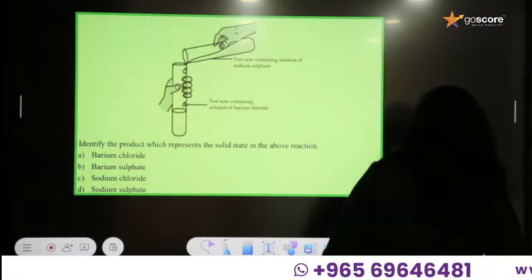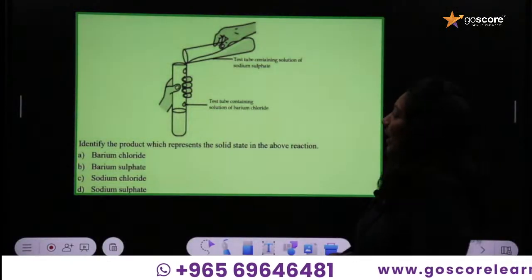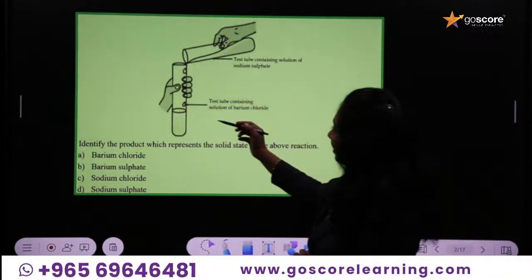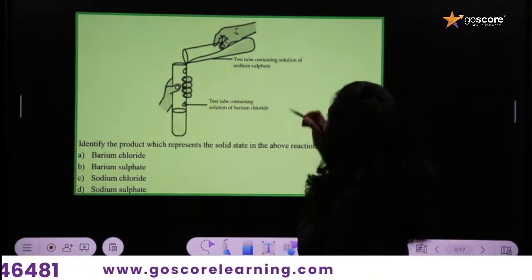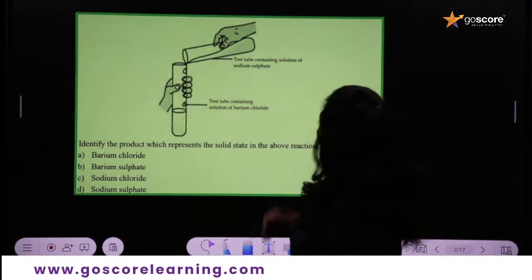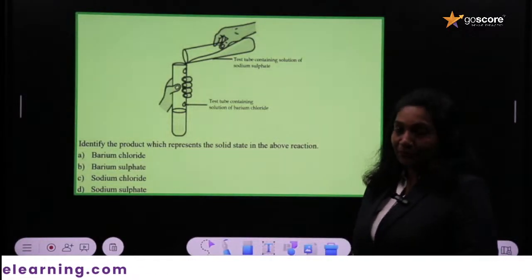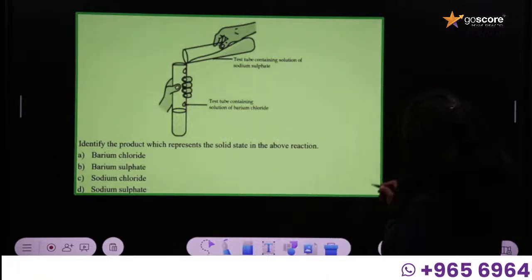Okay, so the first question is: they have given you an image in which we have a test tube containing barium chloride solution, and we are adding a solution of sodium sulfate. So we can just write the equation here.